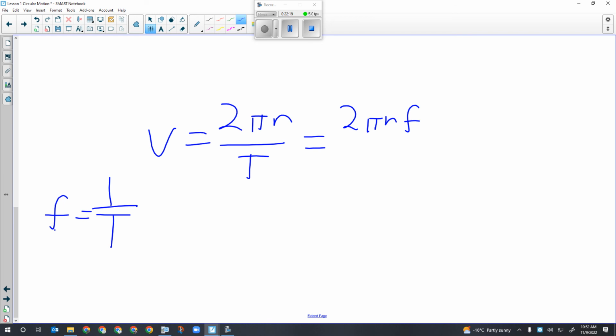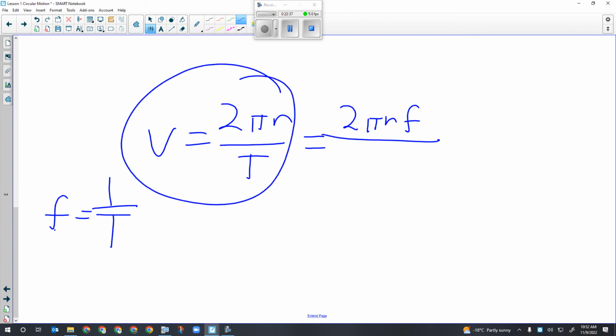If I'm dividing by T, and f is the inverse of T, then I would multiply by f, because it's the opposite. Everybody okay with that? All right, so this formula is on your formula sheet. This one is not, but it's expected that you could perform that mathematical operation to get it.